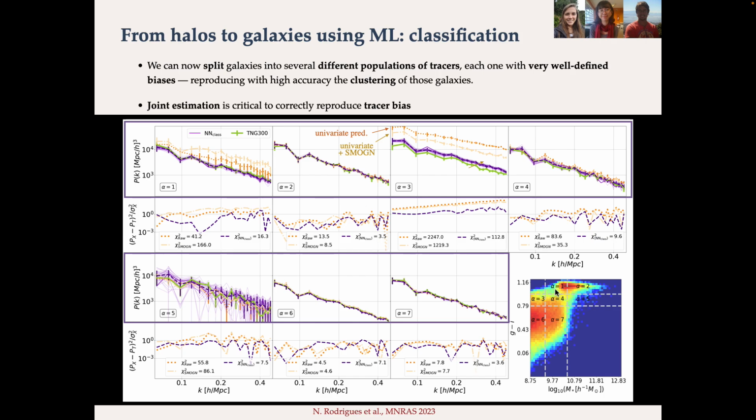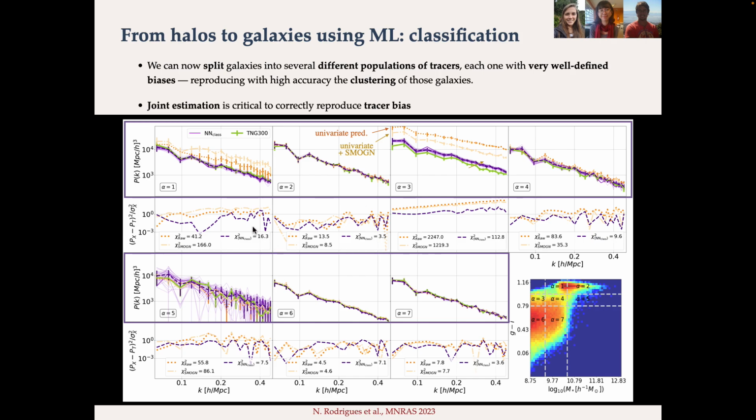So population alpha equals 1 is, let's say, the red galaxies, but less massive. Alpha equals 2 is the red, very massive galaxies. Alpha equals 7 is the blue, more massive galaxies. Alpha equals 6 is the blue, less massive galaxies. And then we also used 3 populations of, let's say, green galaxies, if you want.